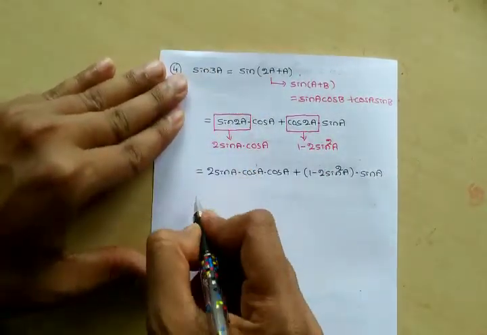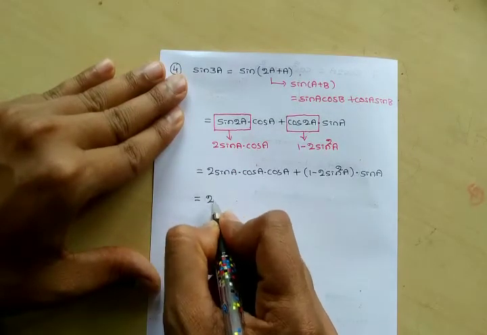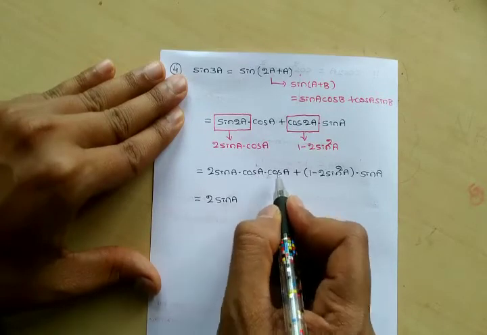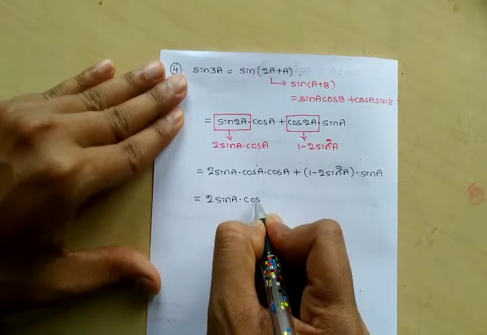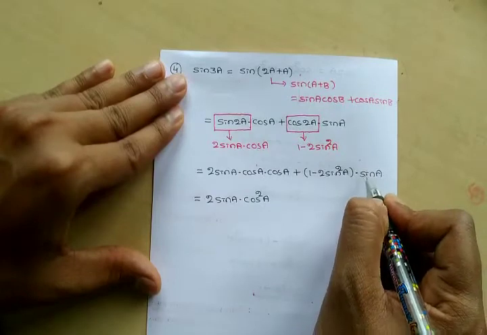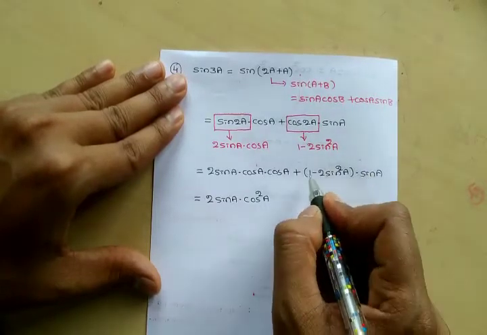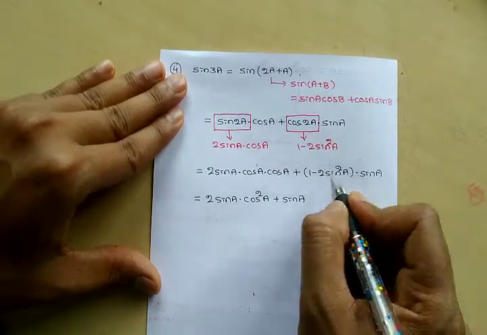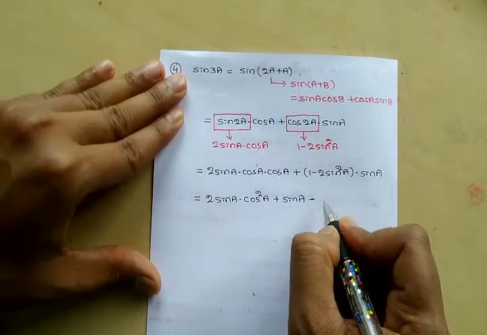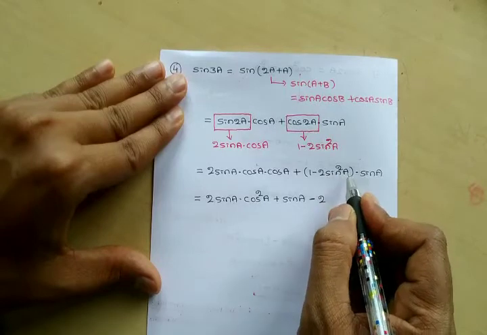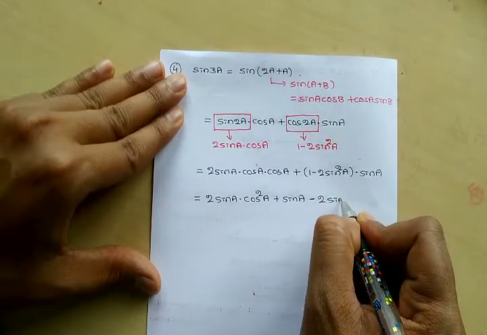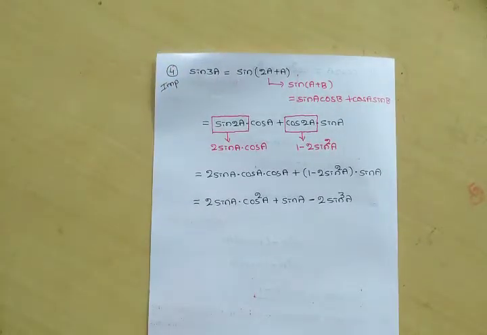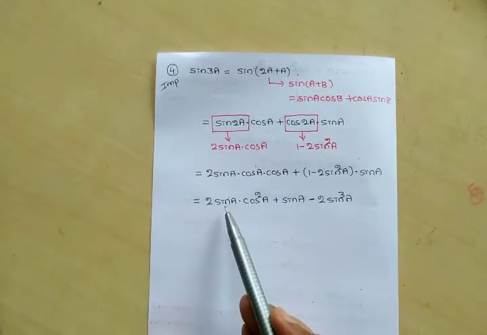So this equals 2 sin A, keep it as it is, multiply these two: cos into cos goes to cos square A. Next, open the bracket: sin A into 1 is sin A. Next, plus into minus is minus, so it is 2 into sin square A into sin A, which is sin cube A. Correct? So next, see here, this you got in terms of sin.